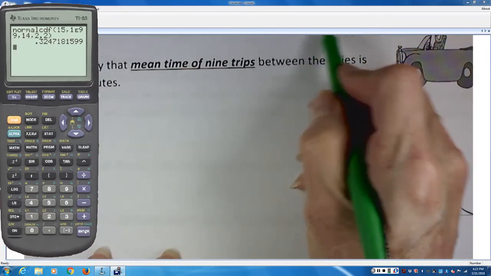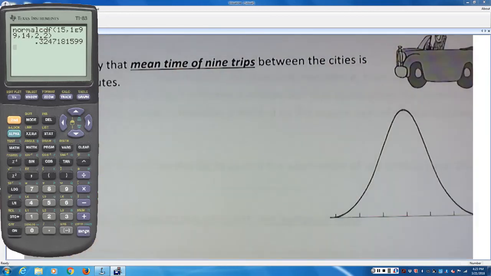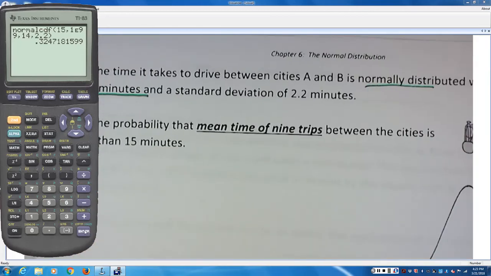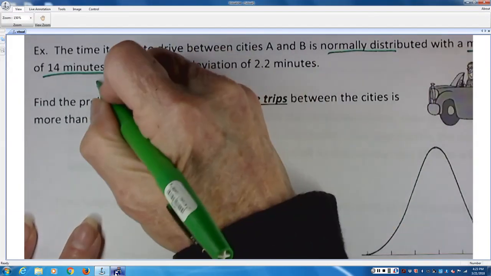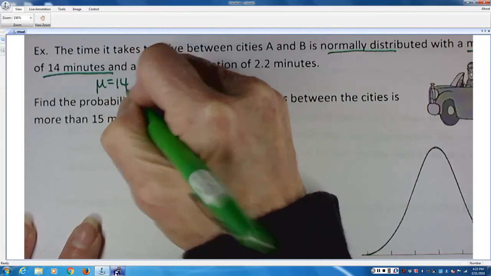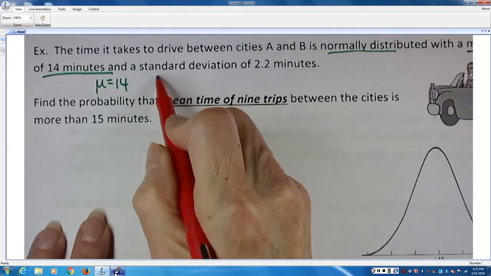Normally distributed, mean of 14 minutes, tells you mu is equal to 14, and a standard deviation of 2.2 minutes.